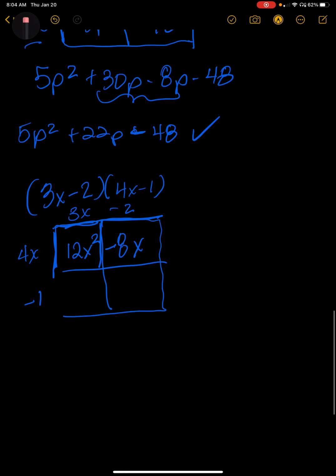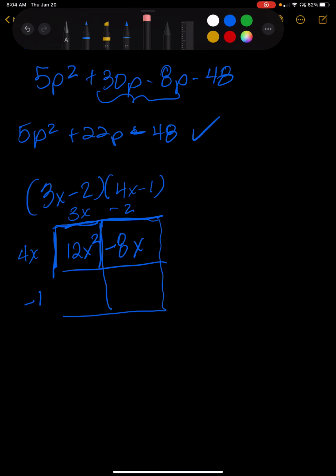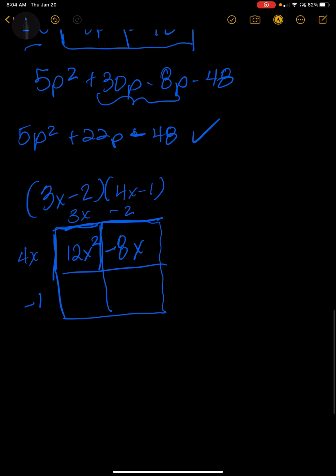Negative 1 times a 3x is negative 3x. And negative 1 times a negative 2 is a positive 2.